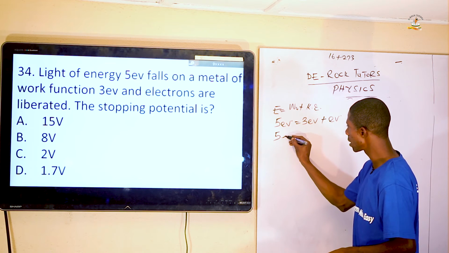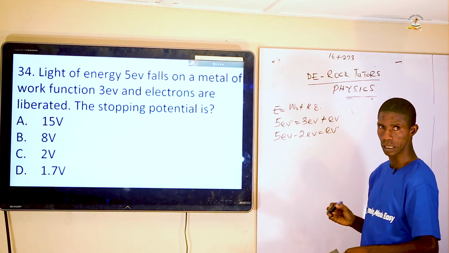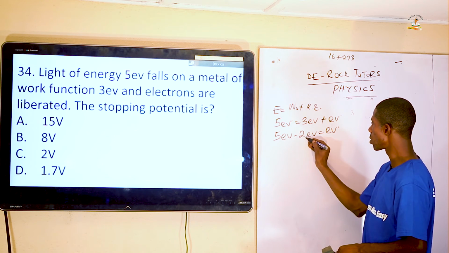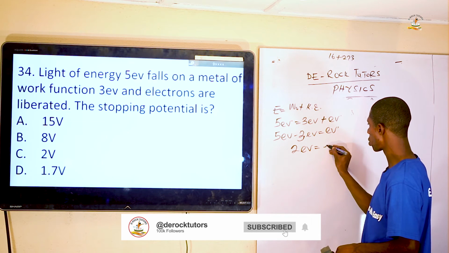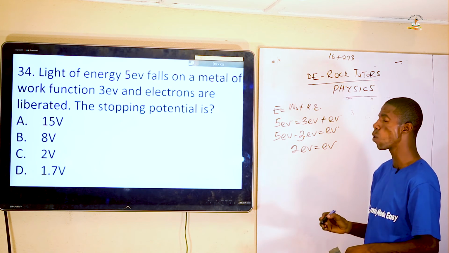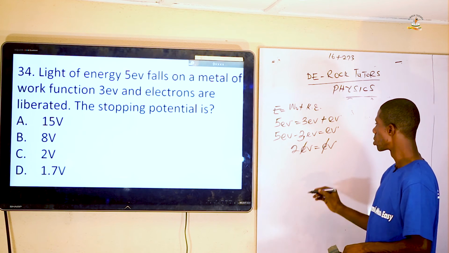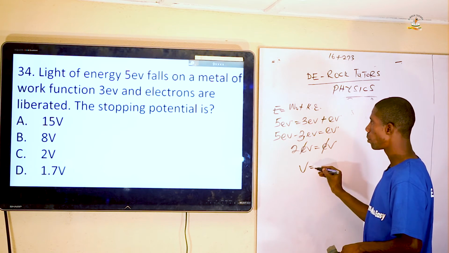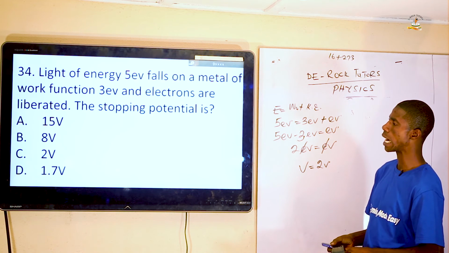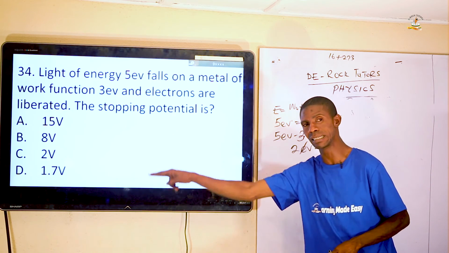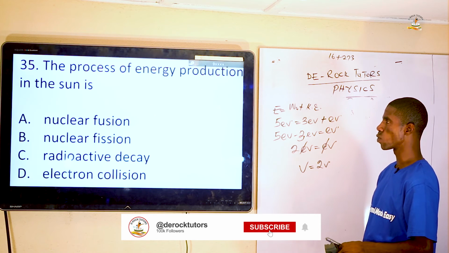So we have 5 electron volts minus 3 electron volts equals eV, which gives us 2 electron volts equals eV. But we want to get the value of V. On both sides we can cancel out the electron charge. So our stopping potential V will give us 2 volts. So the answer to that question comes as C, which is 2 volts. Shall we now move to the next question?